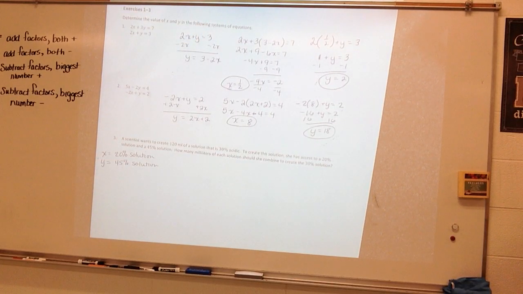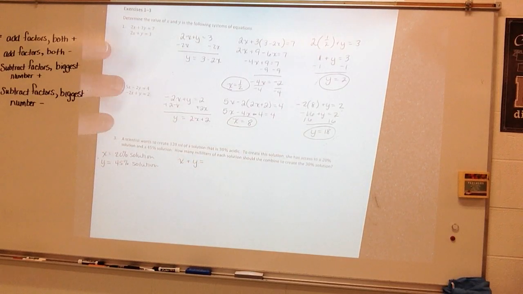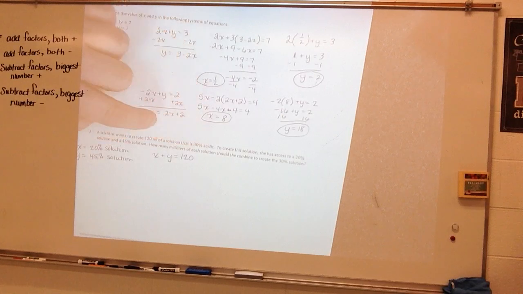So we're going to write one equation to represent the total amount of each solution needed. So I know that I'm going to have x amount of the 20% and y amount of the 45% to equal 120 milliliters of that solution. Then I'm going to look at the percentages. So 30% of 120.